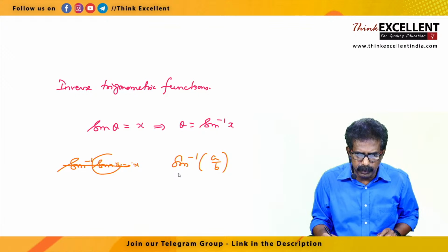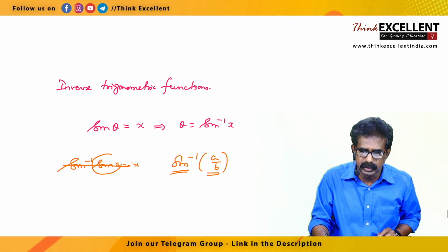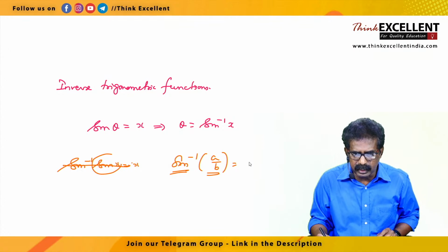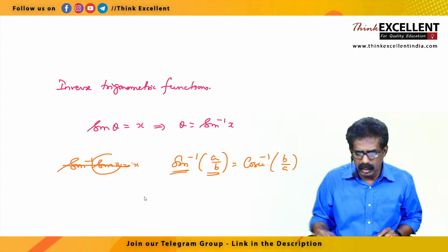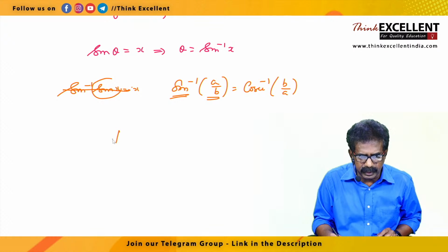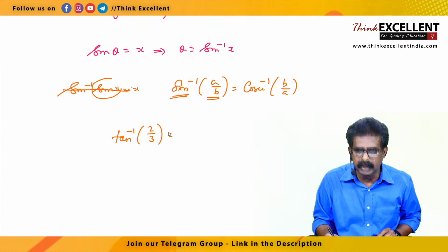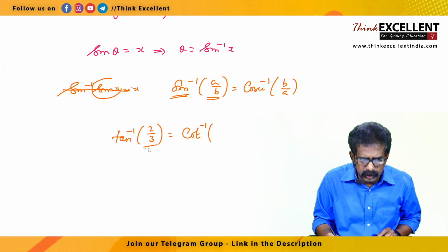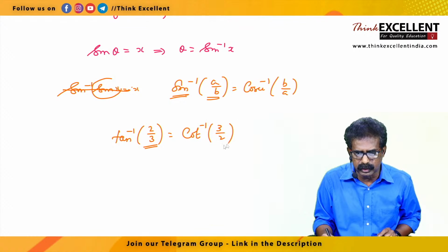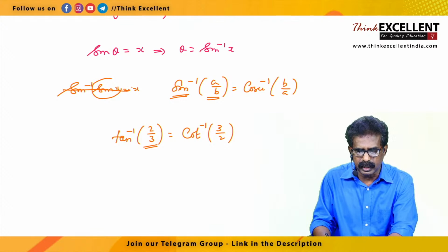When you take the reciprocal, you have to take it for both. So for sin the reciprocal is cosecant inverse, and for a by b you have to write b by a. So tan inverse 2 by 3 can be written using the reciprocal as cot inverse 3 by 2, right? Like that you can write other results.